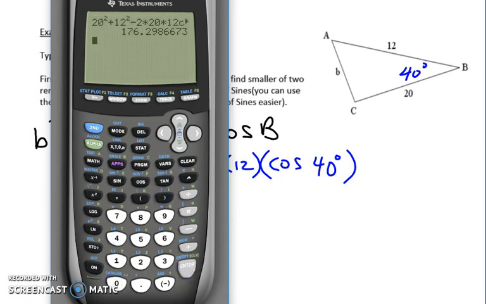It tells me b squared is 176.2986673. Take the square root. It tells me that side b is 13.28.